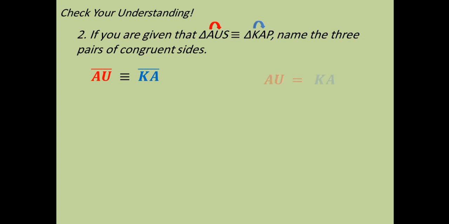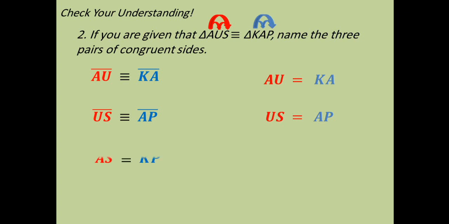Second side, and you write AU equal KA. Second side US corresponding to AP, and without the line segment sign you will write US equal AP. Last side AS corresponding to KP.